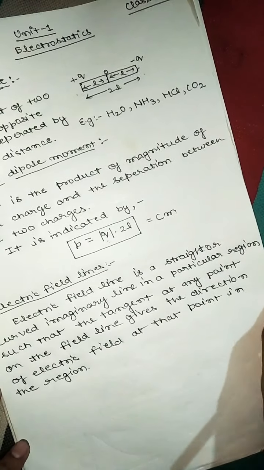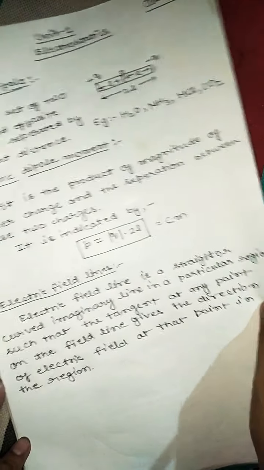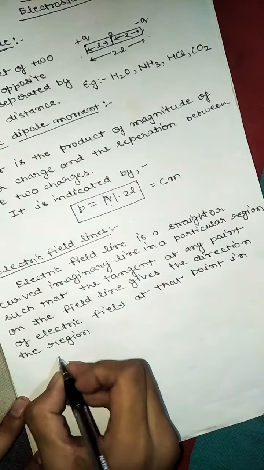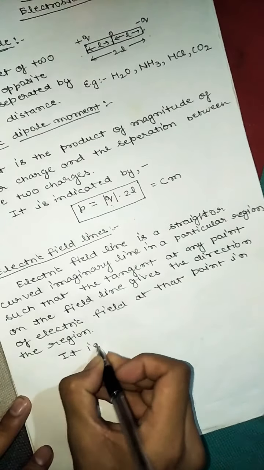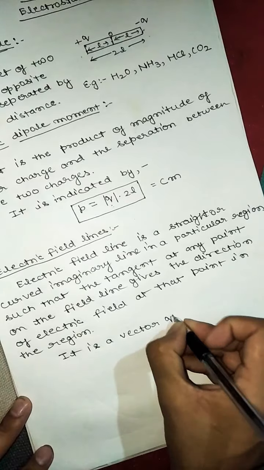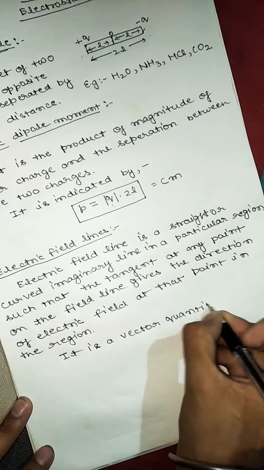To understand it carefully, we should know the properties of these electric field lines. The electric field is a vector quantity.